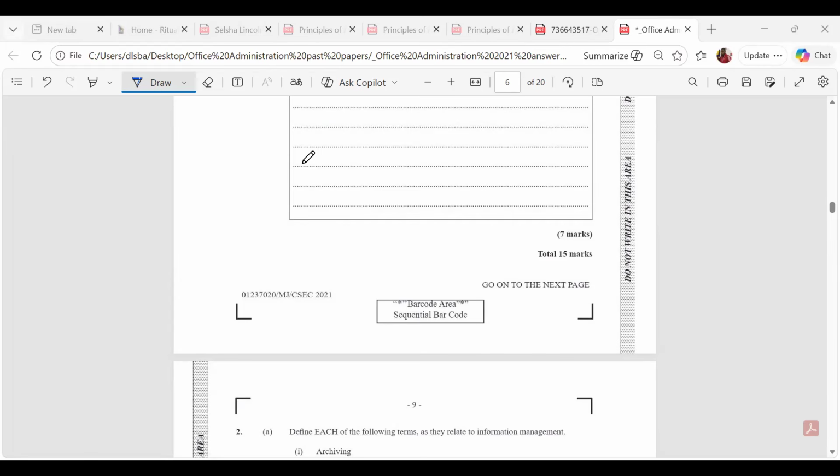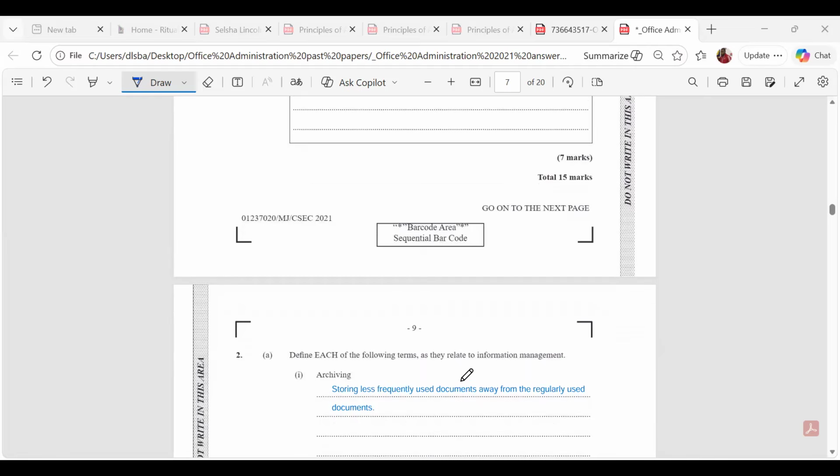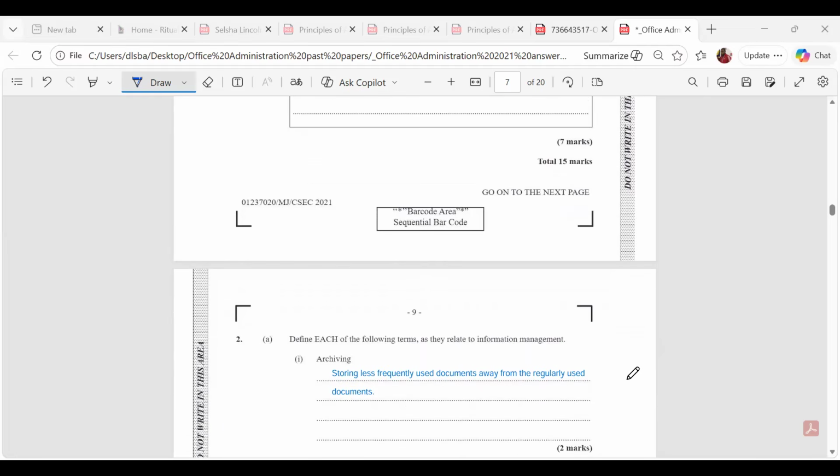And what are you doing with the inactive files? Anybody could help? Are we destroying them? So you're storing them somewhere else, right? So you're storing less frequently used documents away from the regularly used documents.